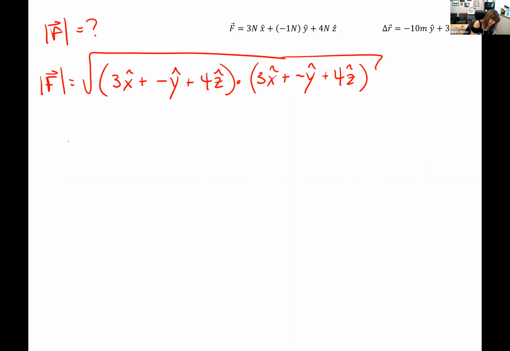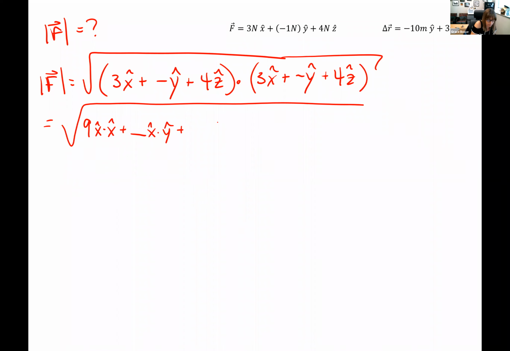All right, so again, I'm going to skip multiplying scalars for terms that I know are going to go to 0. So I'm just going to do the first one here. It'll be 9 x hat dot x hat. The next one is just going to be an x hat dotted with a y hat plus an x hat dotted with a z hat.